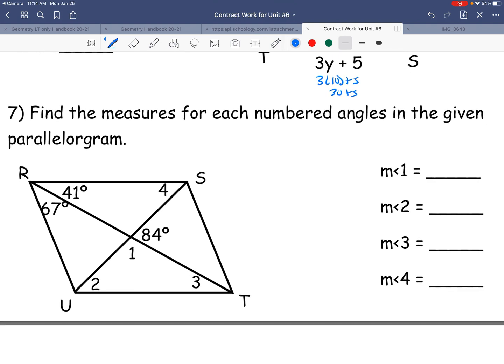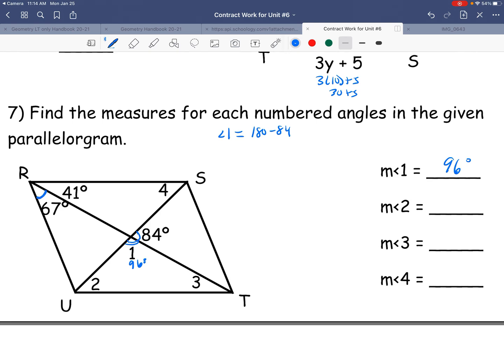Find the measures of each numbered angle in this parallelogram. You can see that this guy's 84. They do not have right angles here, only a rhombus does. This is going to be a linear pair, so angle 1 is a linear pair with 84. To get angle 1, you're going to do 180 minus 84. Angle 1 is 96 degrees.